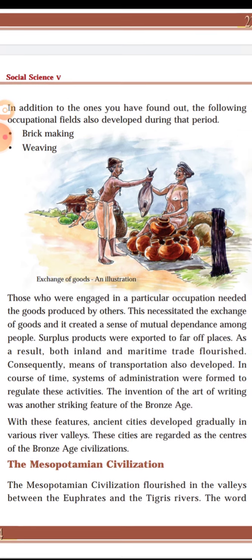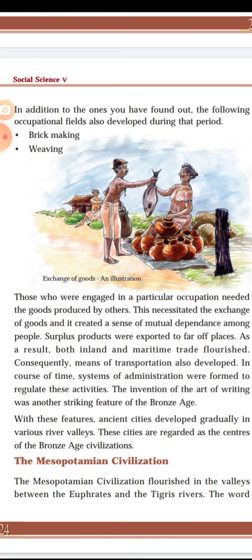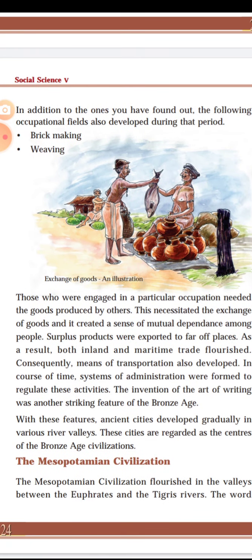And as a result, various cities developed. Towns and cities developed in various river valleys. In various river valleys there developed certain cities and towns. And this is known as civilizations.